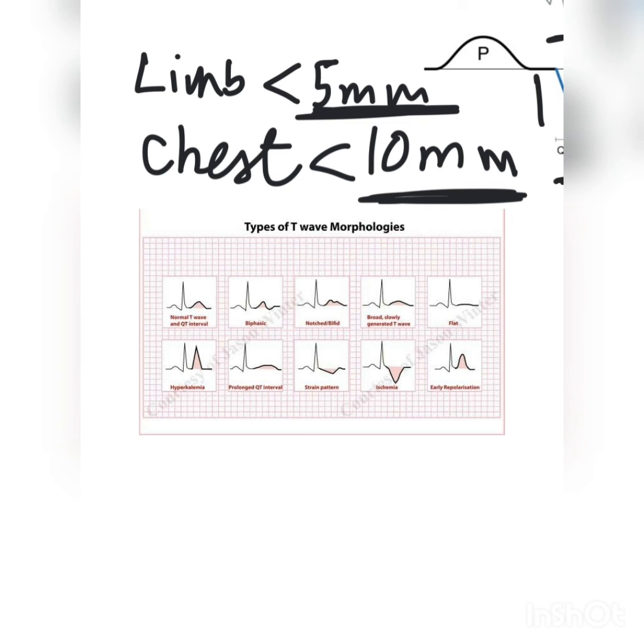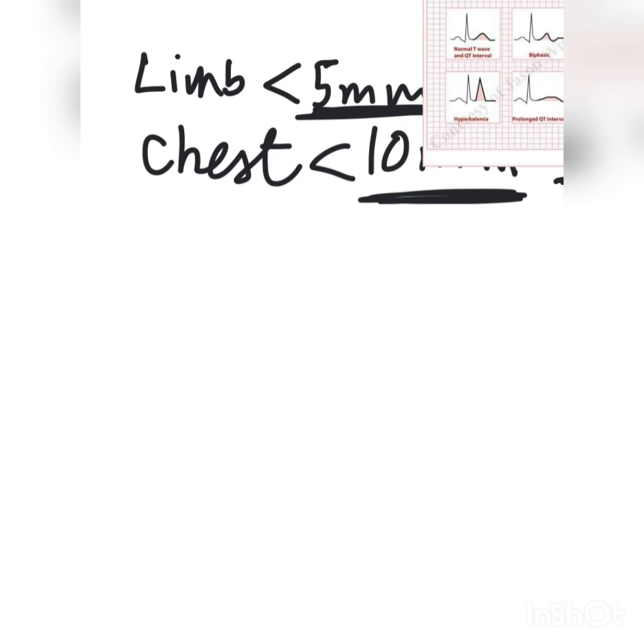So, P wave, QRS complex, and T wave. These are the waves on the ECG. In the next lecture, we'll be discussing the intervals and segments, and of course their significance.